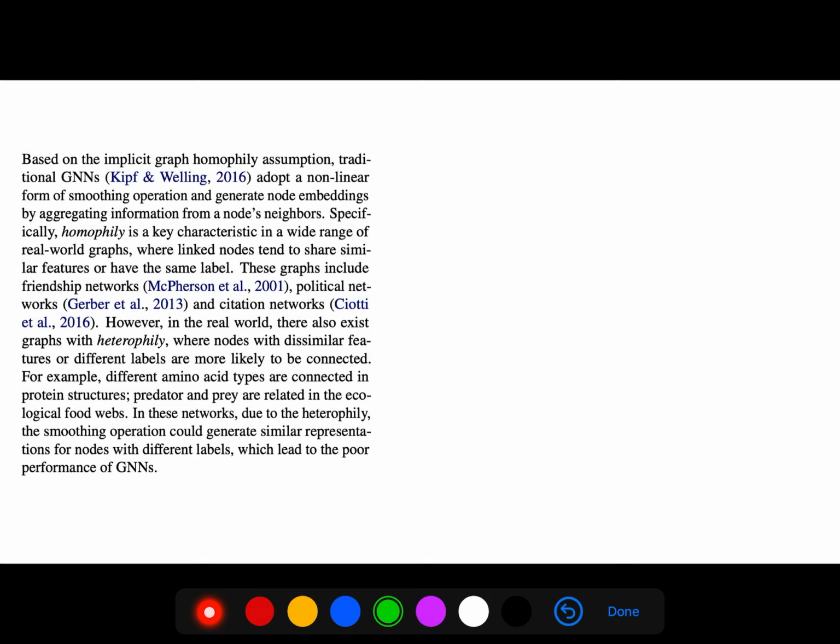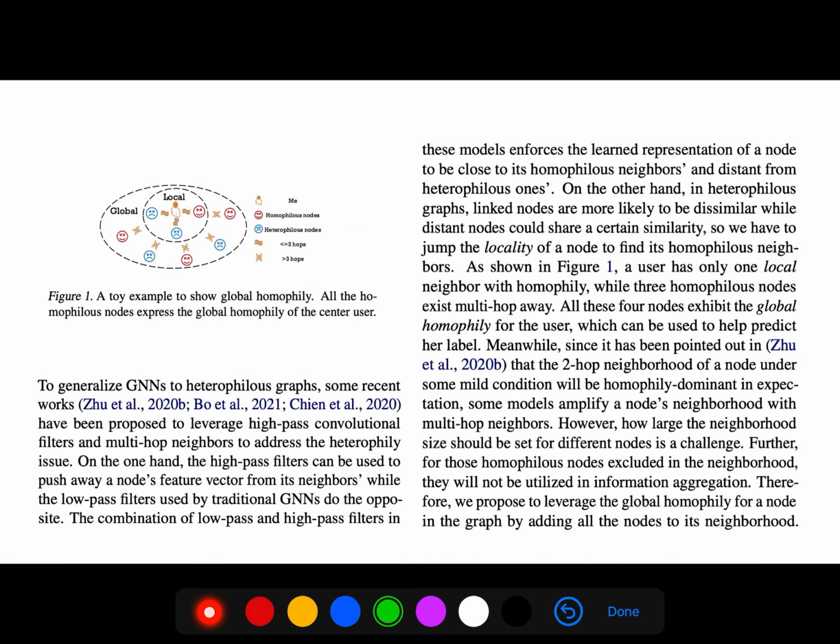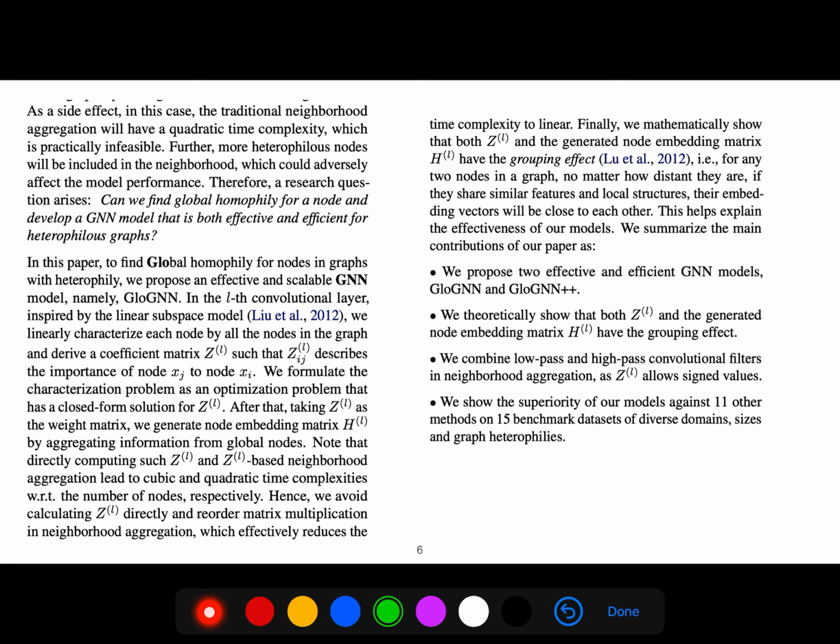In the past 6 or 7 videos, I was talking about this heterophily, so you are already familiar with this. But a research question arises: can we find a global homophily for a node and develop a GNN model that is both effective and efficient for heterophilous graphs?